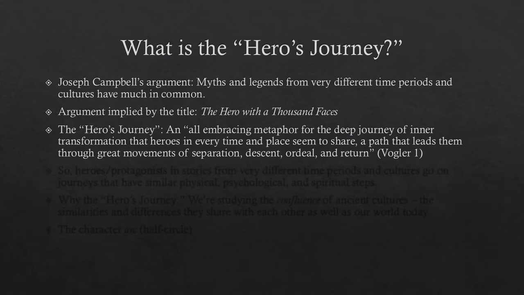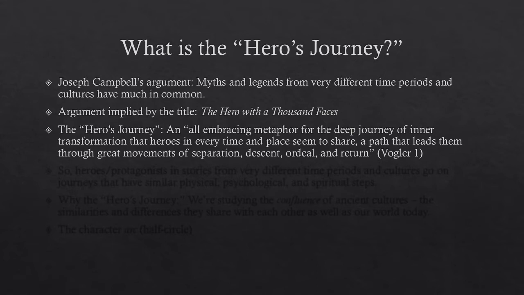So what he means here, Vogler, is that the hero's journey is not just literal. The hero may go on a physical journey like in Gilgamesh, but what happens on that journey is they change and grow and develop as a character. So the physical journey is almost like a metaphor for the inner journey or transformation that takes place.